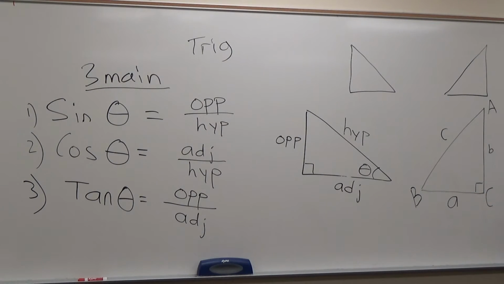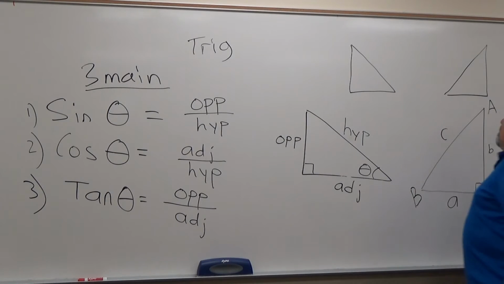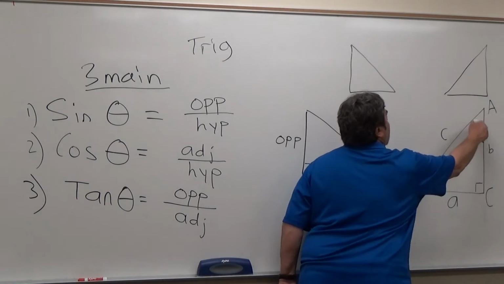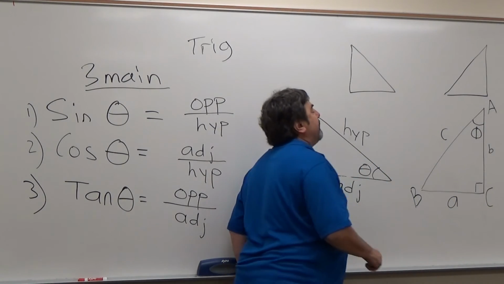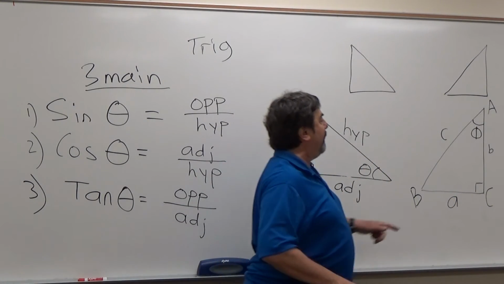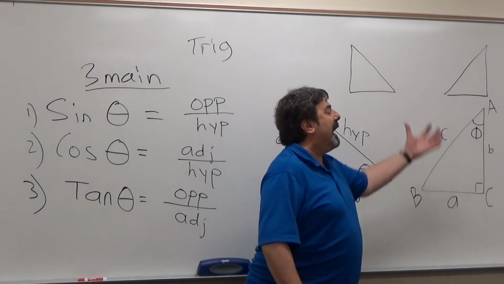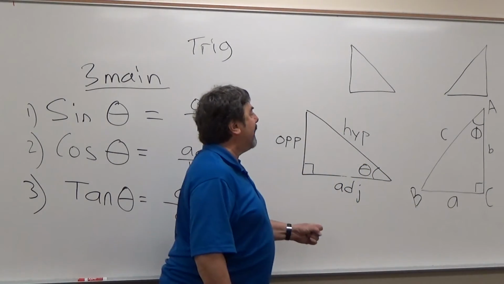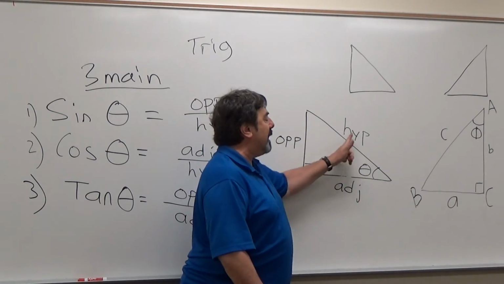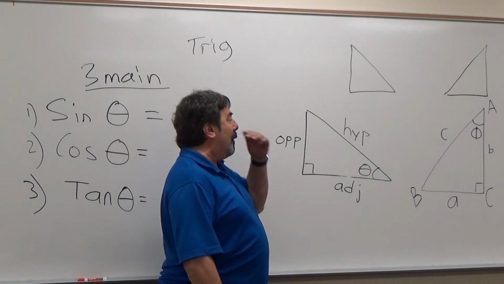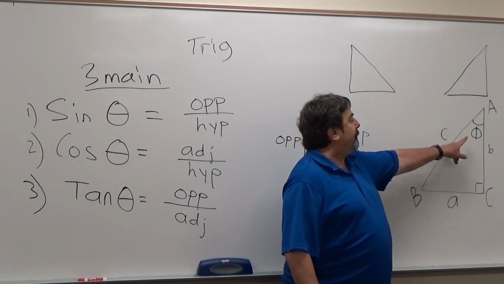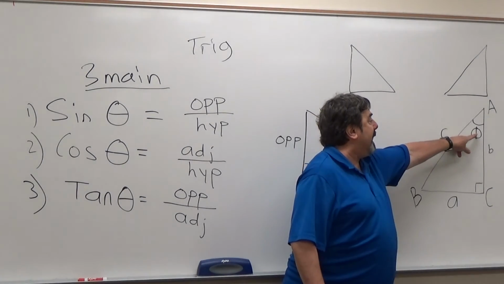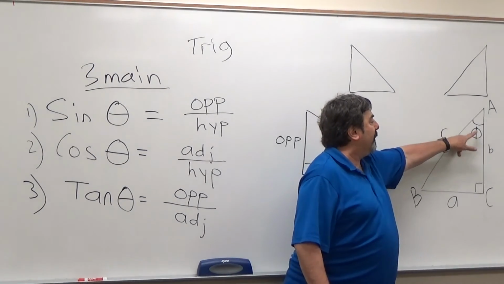Now, if I tell you that I am referencing the angle A up here, so this is the angle that I'm referencing, whenever they tell you that we're talking about this specific angle, that's when you can now label your sides opposite, adjacent, hypotenuse, all right? Now, we always label the side that's directly opposite our angle first. Here's our angle.